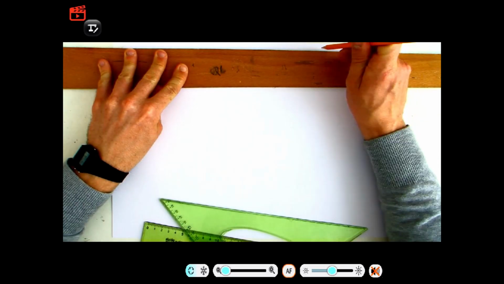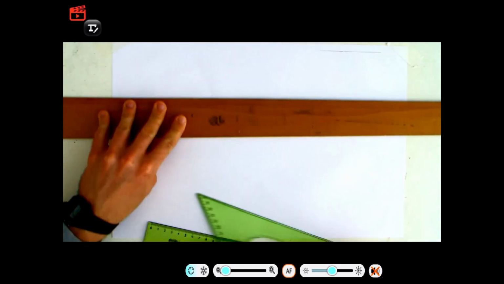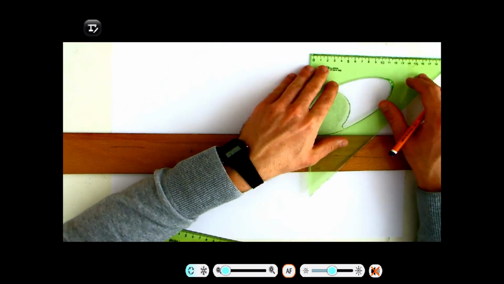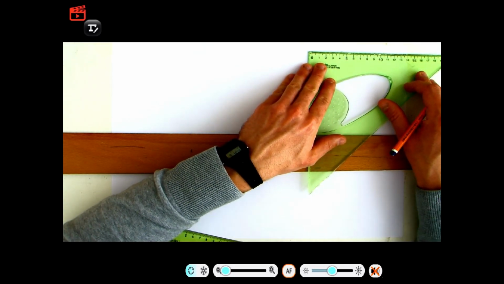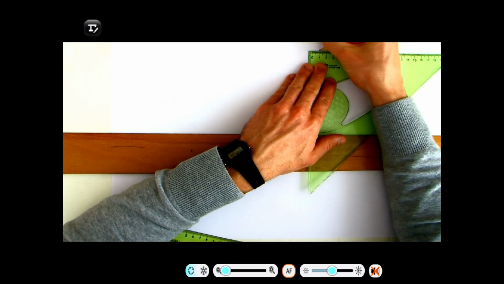So, I'm going to start off with drawing my plan view. My measurements are all in millimeters, and the scale is 1:1, so I don't need to worry about scaling anything back, which is nice and handy for me.